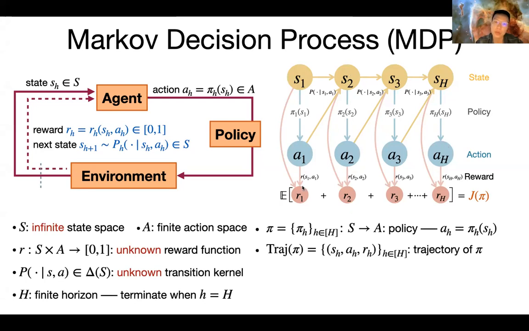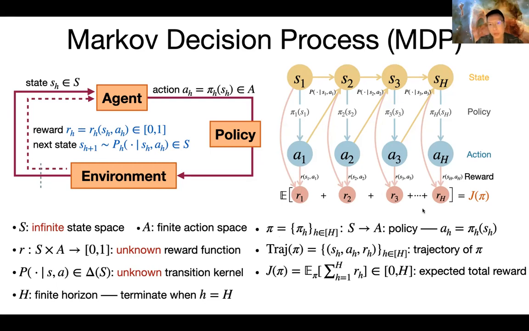And so the observation of the agent is just the trajectory obtained by executing this policy, which consists of capital H tuples, and each tuple consists of the current state, current action, and the immediate reward.